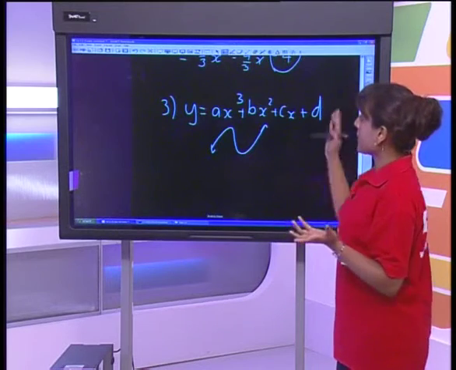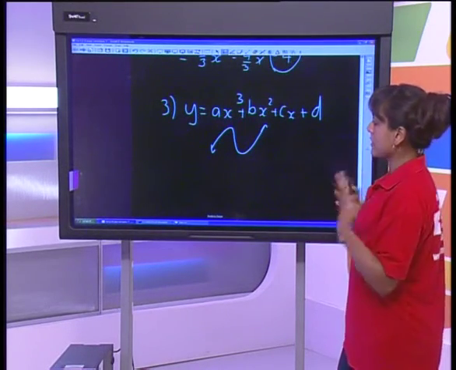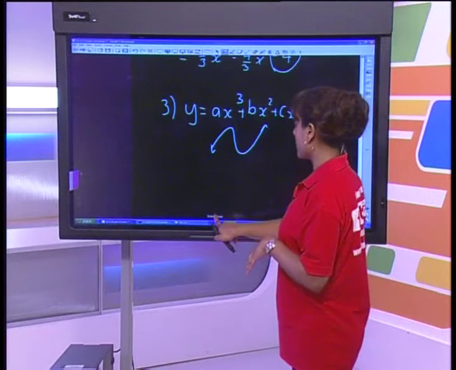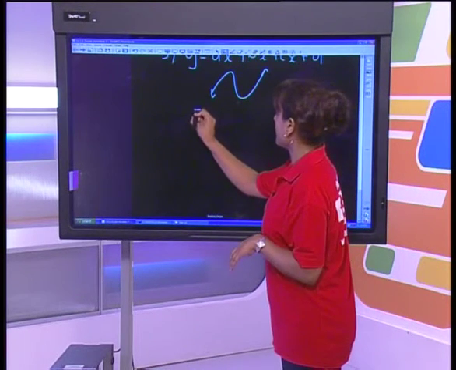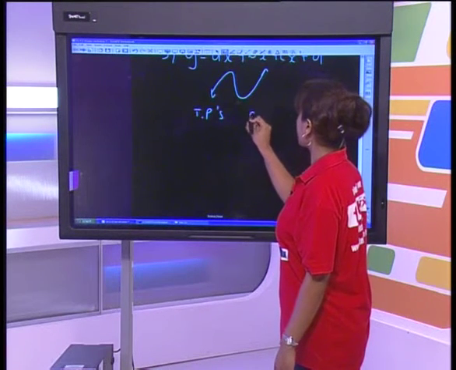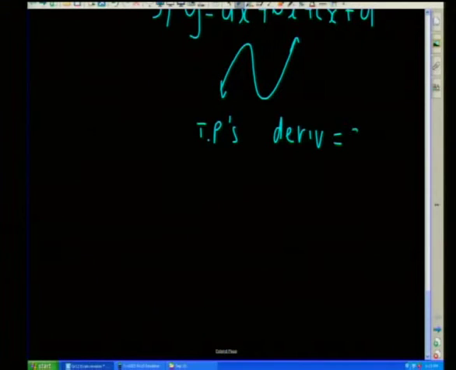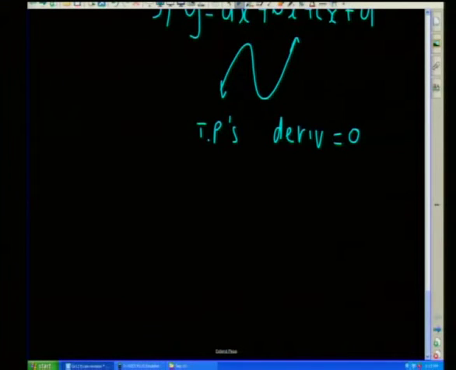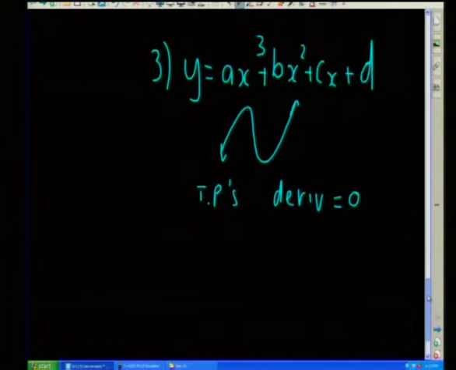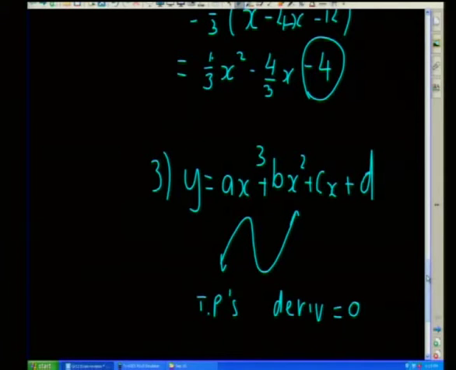So if I knew what a, b, c and d were, and I asked you guys to find the turning points, then you would say, okay, well, to find the turning points, it's where the derivative is equal to 0. Okay, because when the graph is turning at that point, the gradient is 0. So if I wanted to find the turning points, I would say let the derivative equal 0.